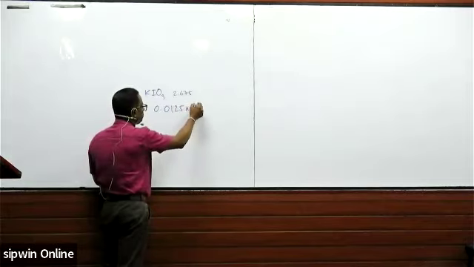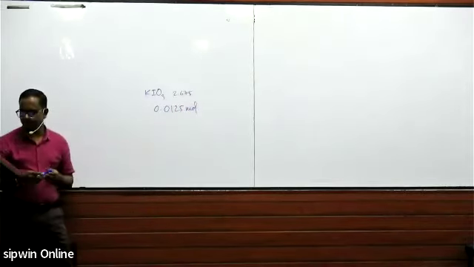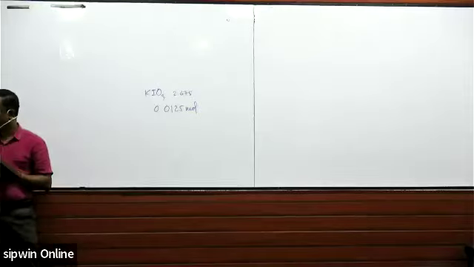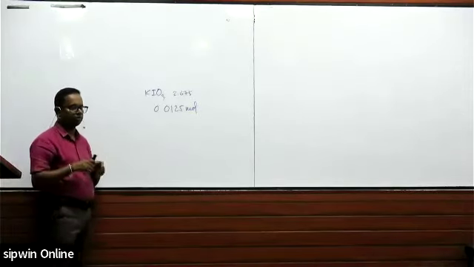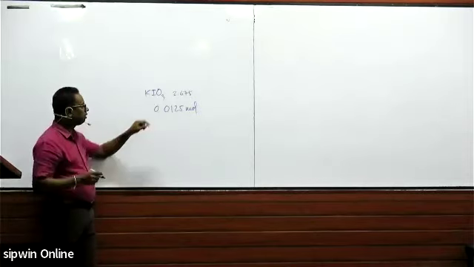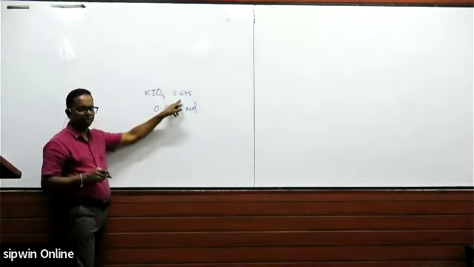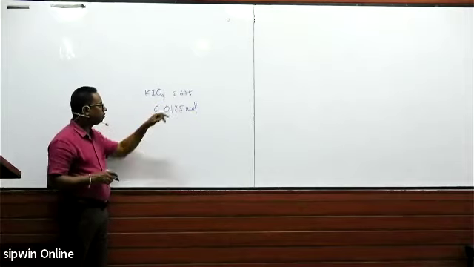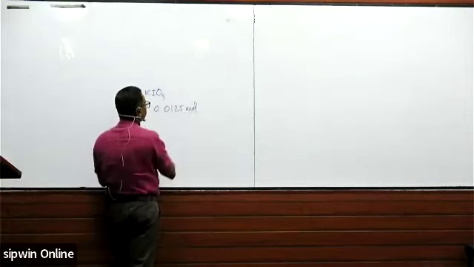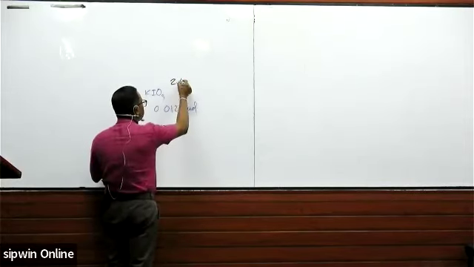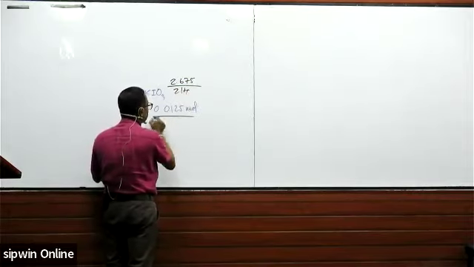moles. That is the potassium iodate, KIO3, moles: the 2.675 grams given divided by the molar mass of 214.